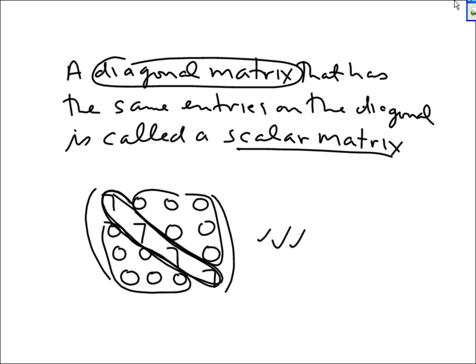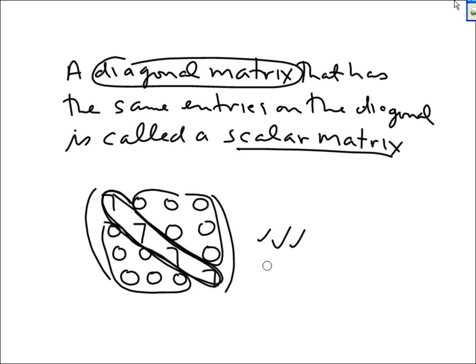If it's a diagonal matrix, that is, if it has the same numbers on the diagonal and zeros off it, it's a scalar matrix. Remember how I said it. If it has the same entries on the diagonal, that means it's a square matrix. If you have a square matrix, you have just this one number, the same number, in all diagonal entries and zeros elsewhere.